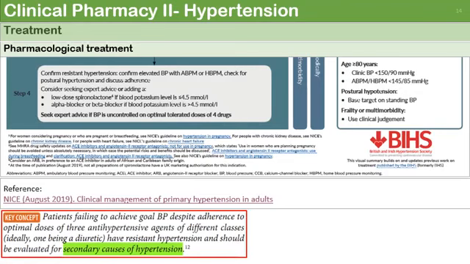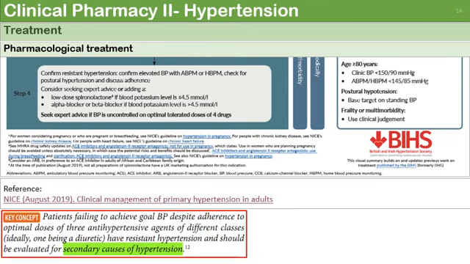if the patient does not respond to the combination of treatment, we should confirm resistant hypertension. We may add low dose spironolactone, between 12.5 to 25 milligrams per day.